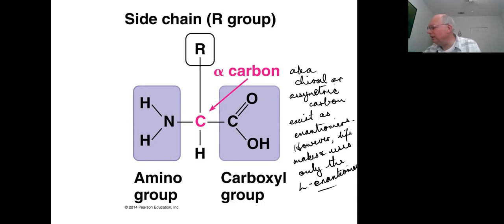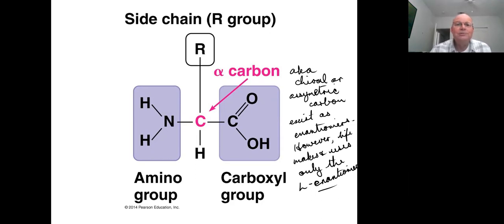it's possible to get enantiomers of the amino acids. All of the amino acids except one, glycine, exist as L and R enantiomers in the laboratory when we make them. When we make them synthetically, we make both the L and the R version, but life preferentially makes and uses only the L enantiomers.